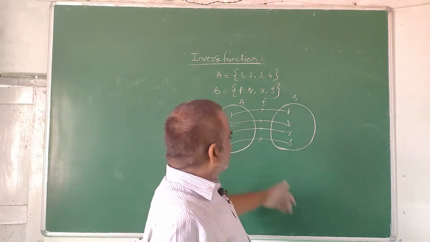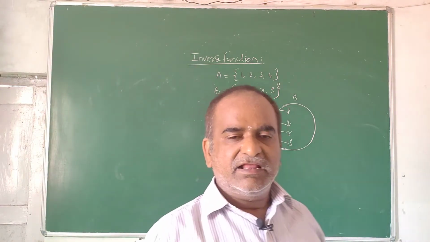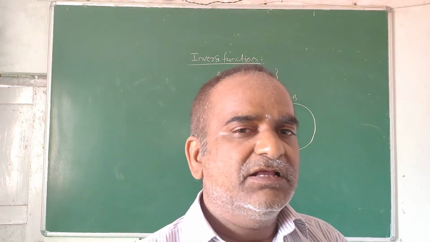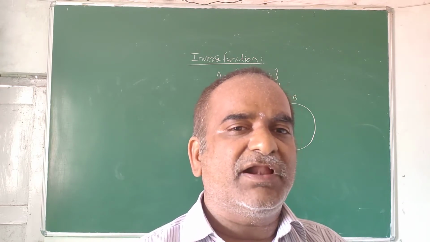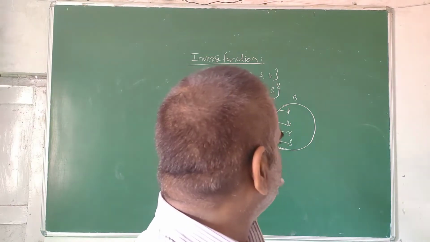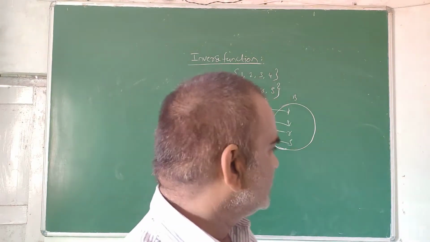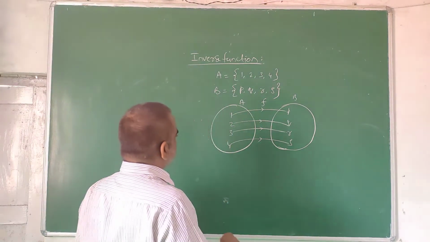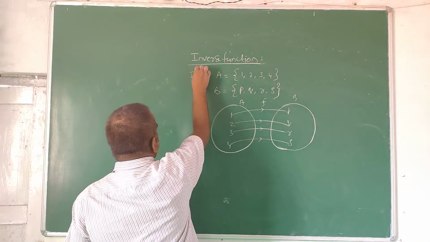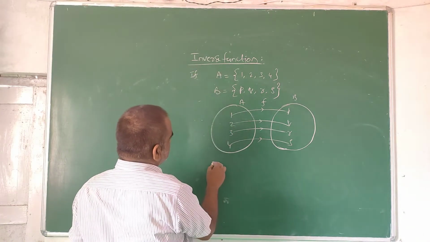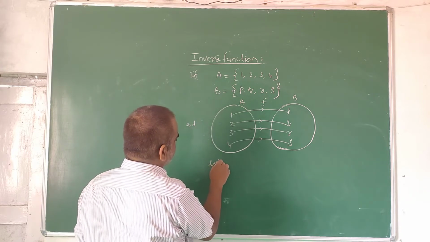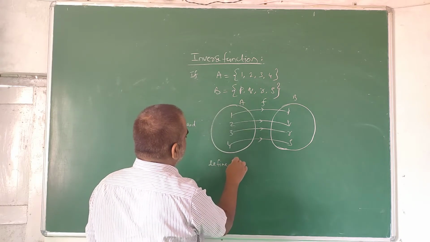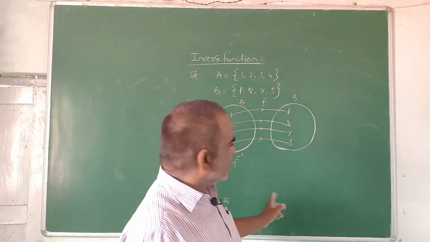So here f is clearly a bijective function because it is satisfying both one-one function rule and onto function rule simultaneously. So it is a bijective function. Then define f inverse. So how you will define f inverse in this case?